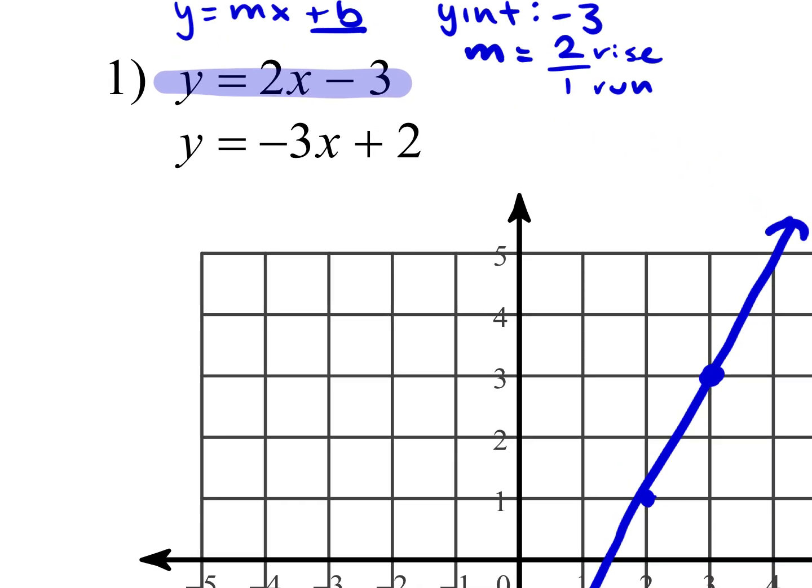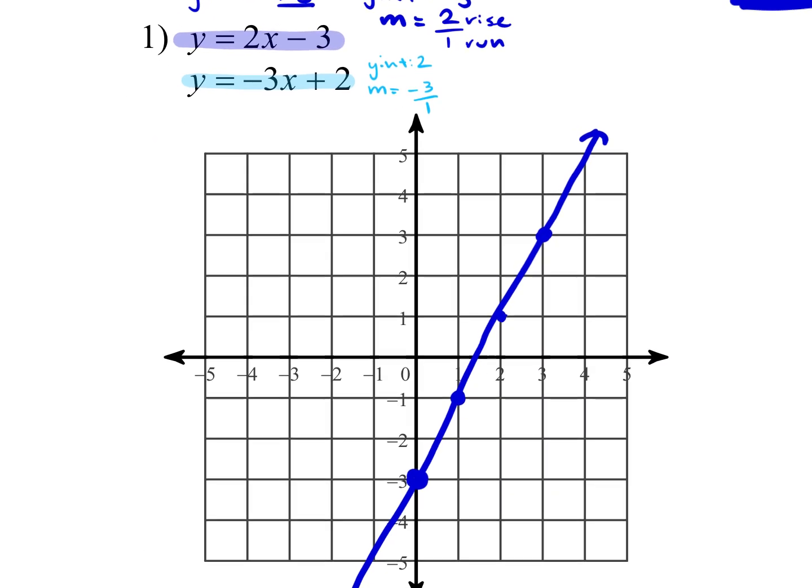In the second equation, now we're going to graph our second line here. What's our y-intercept? 2. And what is our slope? -3. We'll call it -3 over 1. So I put my y-intercept on my graph first. I'm going to put a point at 2. And then my slope is the rise over run. So here I'm going to go down 3 and to the right 1. You always go to the right, but if it's negative, you would go down instead of going up.